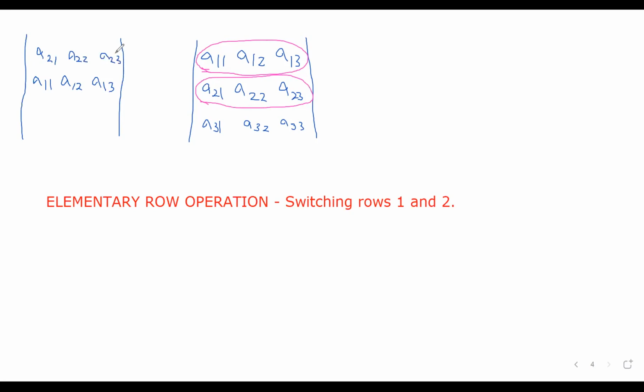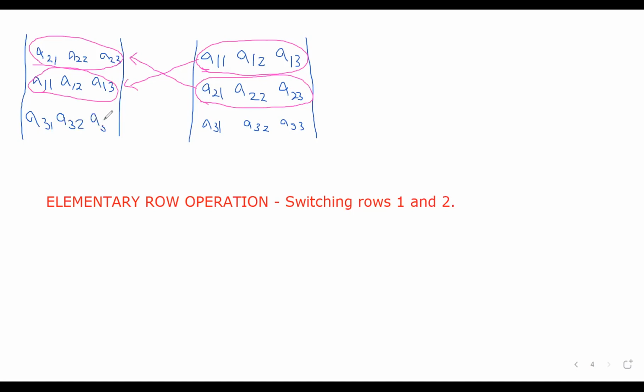We just switched the first and second row of the original matrix to get these two rows. This row went here, and this row went here. We just switched them. And now the third row is unaffected. So the third row stays A31, A32, A33.